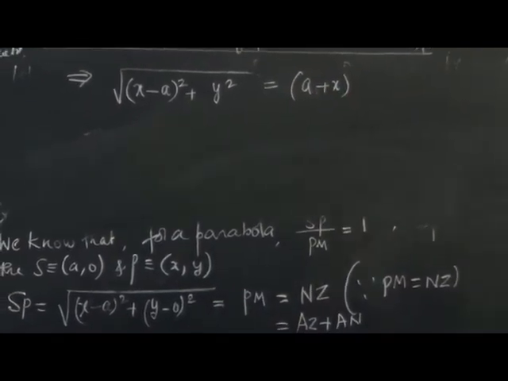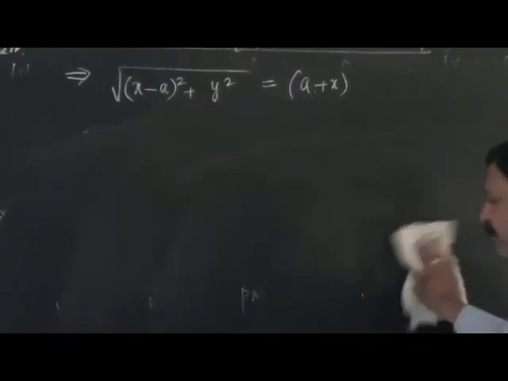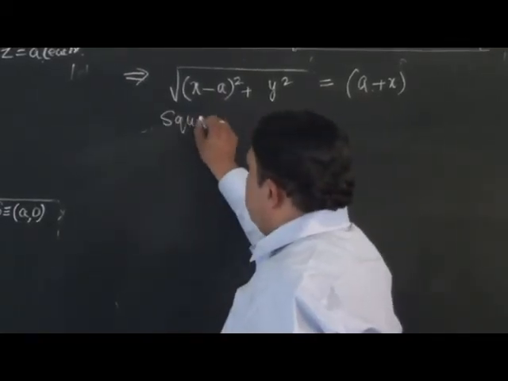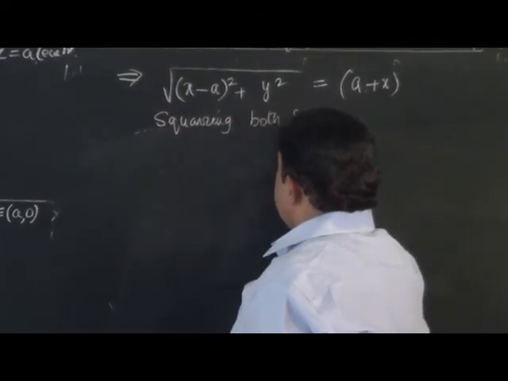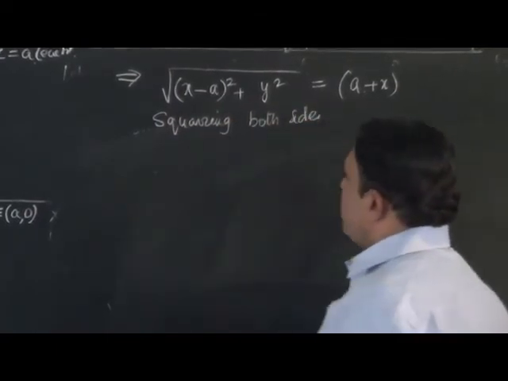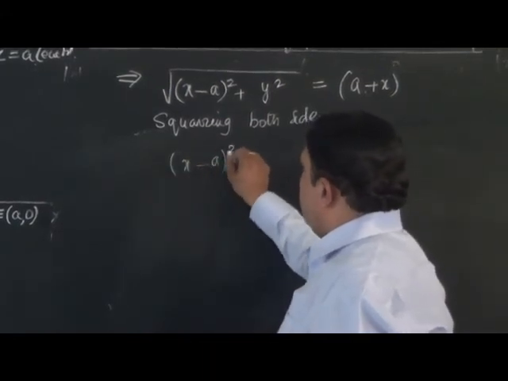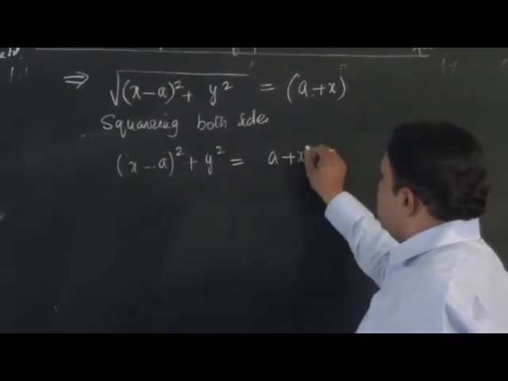Now we will square on both sides and simplify to get the equation of the parabola in the standard form. Squaring both sides, the square root sign vanishes. So you get x minus a whole square plus y square equals a plus x whole square.